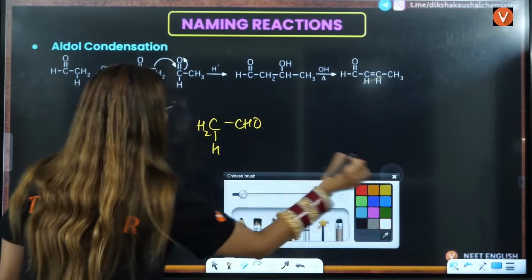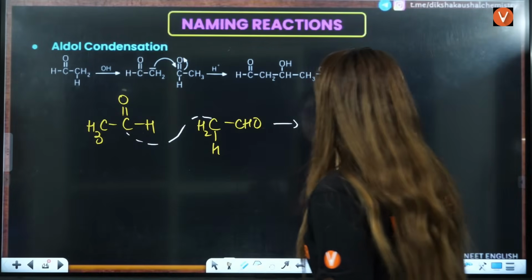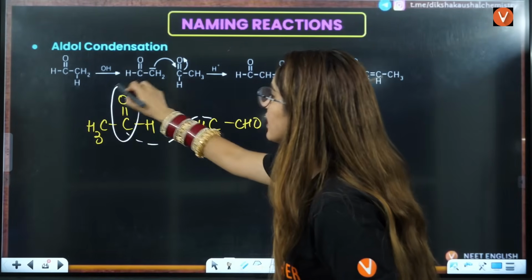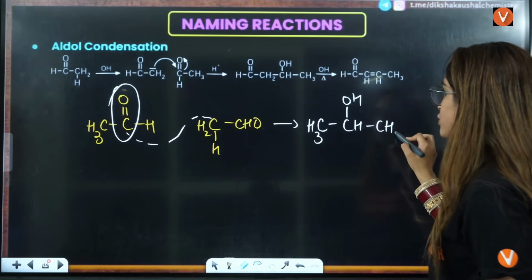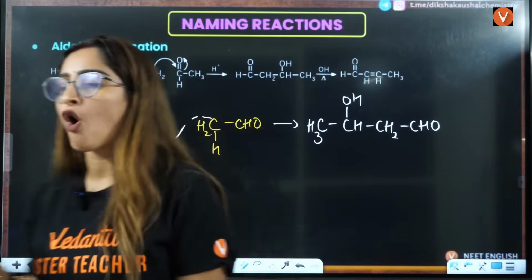Now what you will do, you will connect carbonyl carbon with the alpha hydrogen, and in the end you will have the formation of CH3C, and this will be converted to OH. This is OH, this is H, this is CH2, this is CHO, right? So this will be formed in the end.